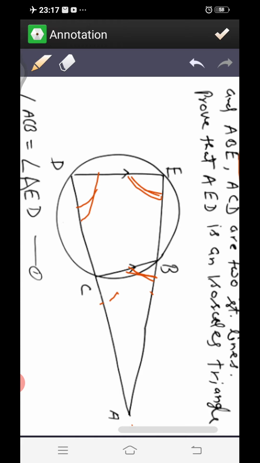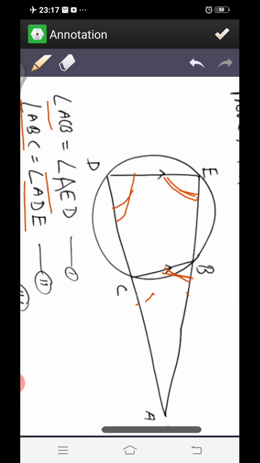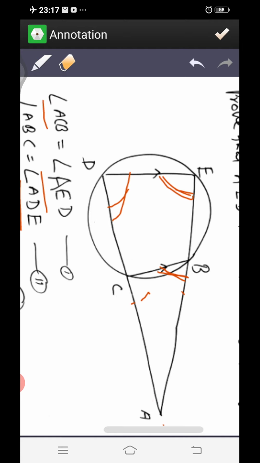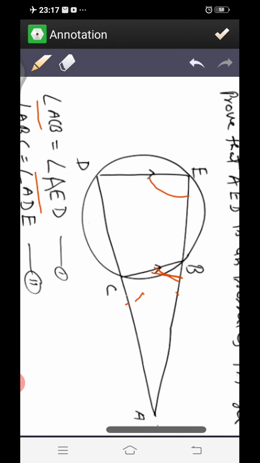It means from first, second and third we can say angle AED equal to angle ADE. Angle AED means this angle, and ADE means this angle. These two angles are equal.